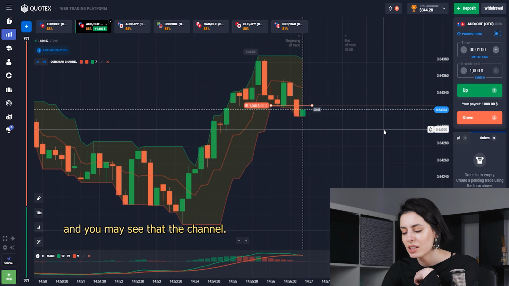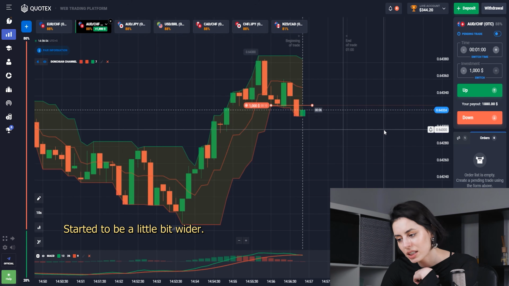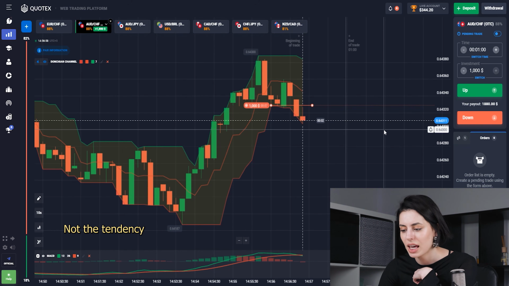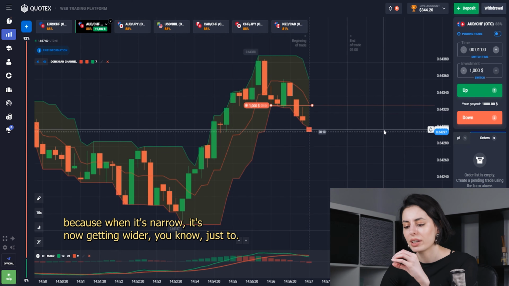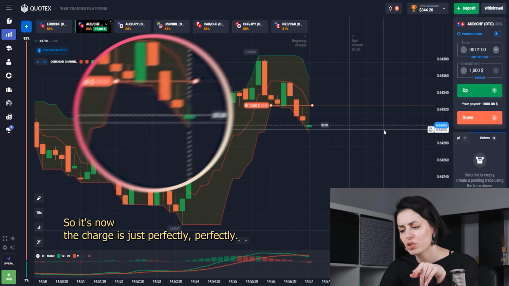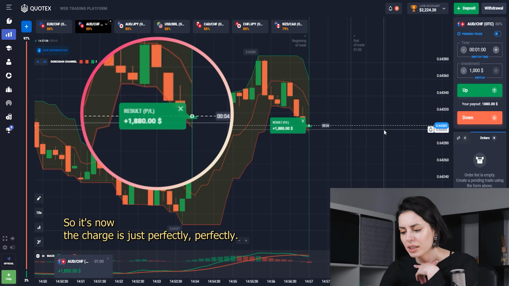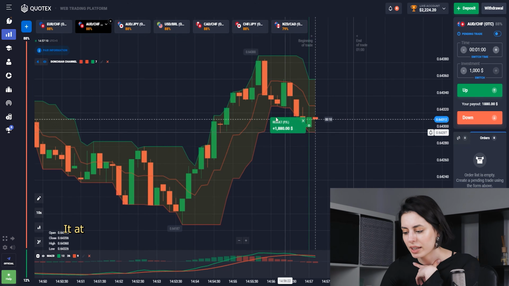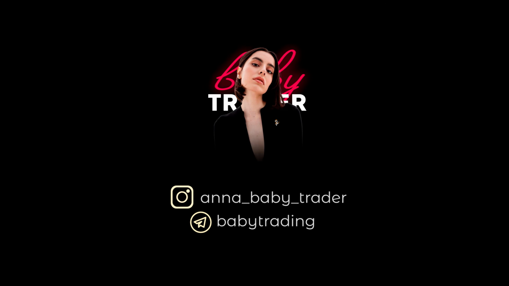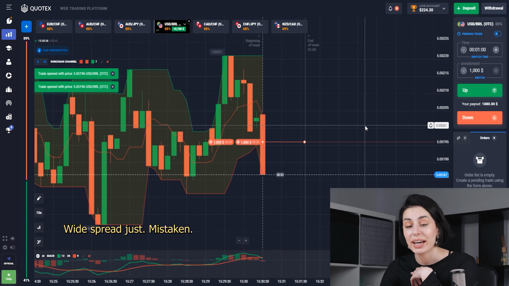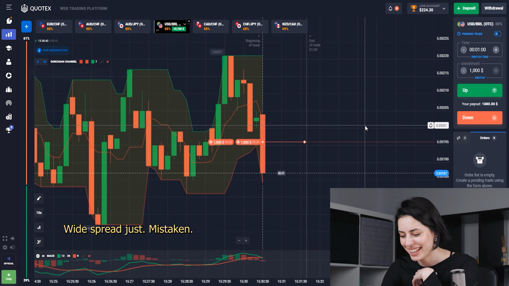You may see that the channel started to be a little bit wider, so we do expect it's going to be the changing of the tendency, because when it's narrow, it's not getting wider just to catch the chart. So when it's narrow, the chart is just perfectly moving inside of it. Yep. Look at this narrow chart. No. Wide. Sorry, just mistaken.